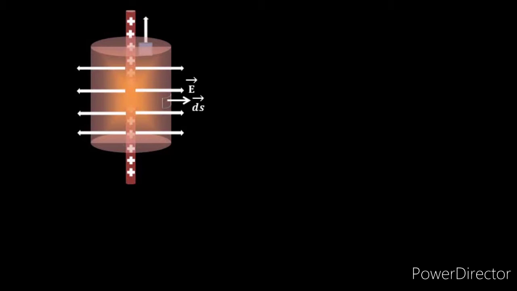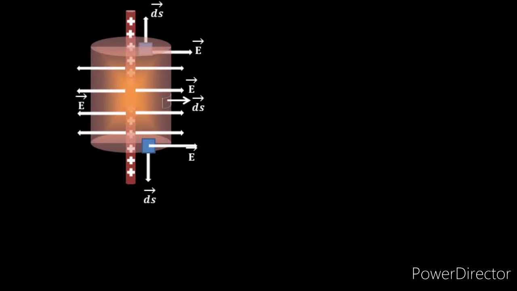On the top surface I am going to consider another infinitesimal area, and the area vector is pointing away perpendicular, and the E vector is outwards. Similarly, on the bottom surface I am going to consider the area vector and the electric field.